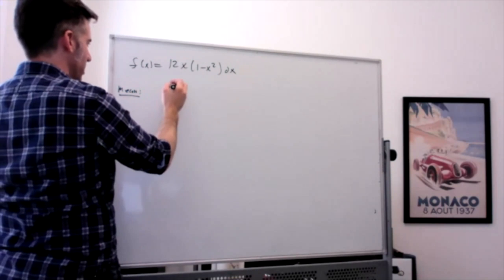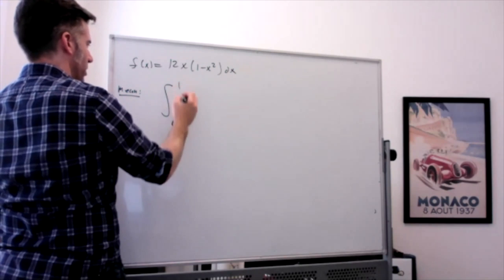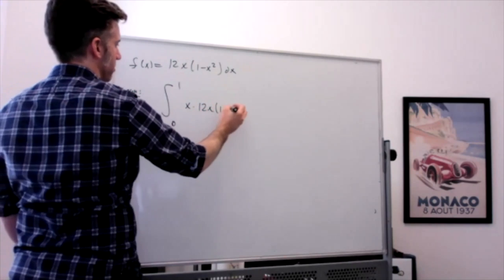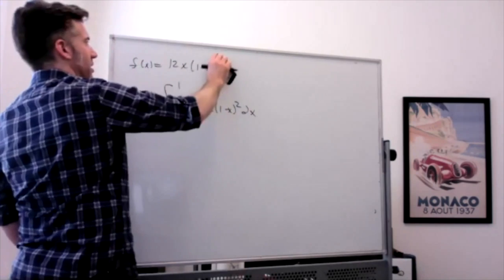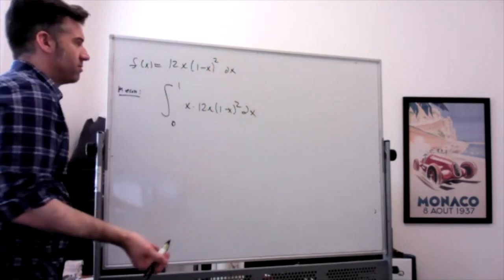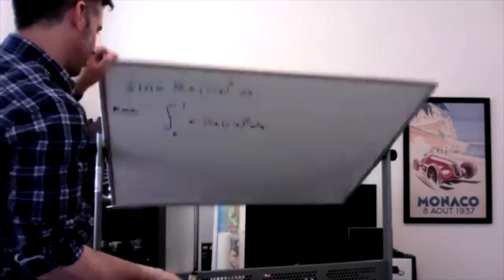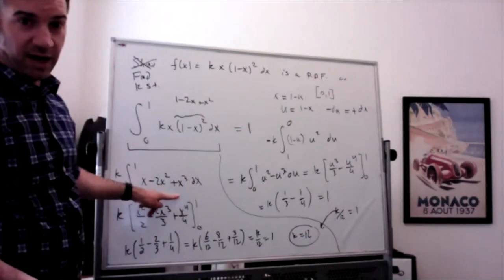So that's going to be the integral from 0 to 1 of x times all that. And that square should be on the outside of the parentheses there. Here, I probably would just multiply it out. So I'm going to take my previous integral and just multiply everything by an x.